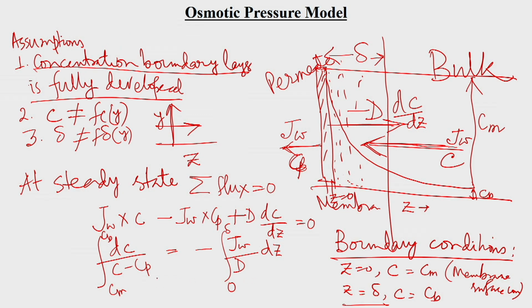Or we can say ln of (Cm minus Cp) by (Cb minus Cp) will be Jw by D into delta. From there, after manipulation, we get Jw equal to D by delta, and this D by delta we know is the mass transfer coefficient. So, Jw is equal to k ln of (Cm minus Cp) by (Cb minus Cp), where k is the mass transfer coefficient.